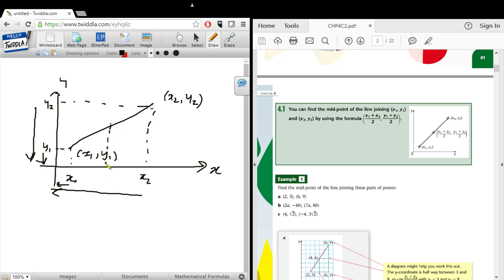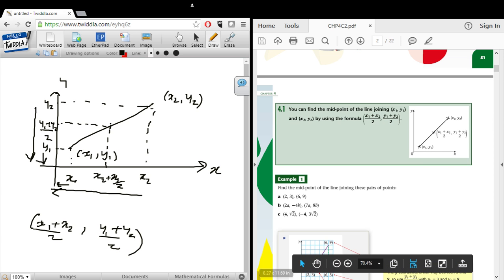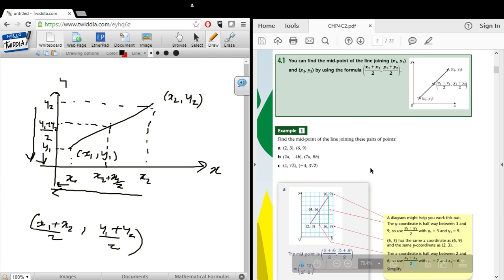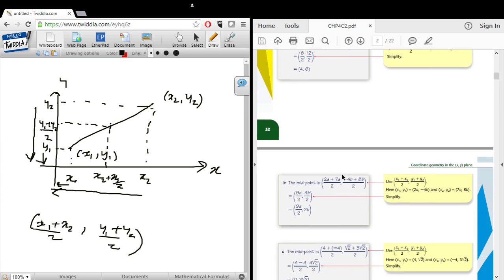This is just a very rough estimation, just by visually inspecting the line, that this would be (y1 plus y2) over 2, (x2 plus x1) over 2, and the formula naturally would be ((x1 + x2)/2, (y1 + y2)/2). Okay, simple, straightforward, and you have a more accurate drawing here. So here are the coordinates, and you can plug them in and you'll figure it out.